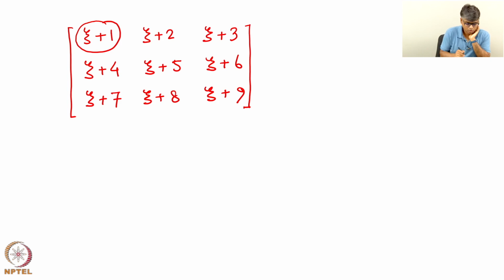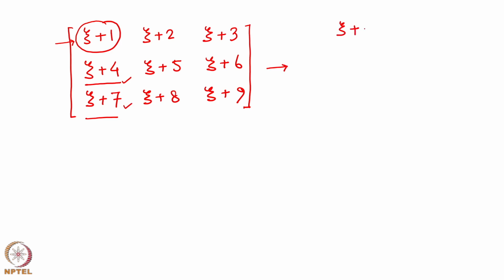So I use the first row to do Euclidean division with remainder on the other rows. I can do that one by one, but for the sake of saving time, I'm going to do this row operation on row number 2 and row number 3 simultaneously. What is the result? The first row remains intact as it is.